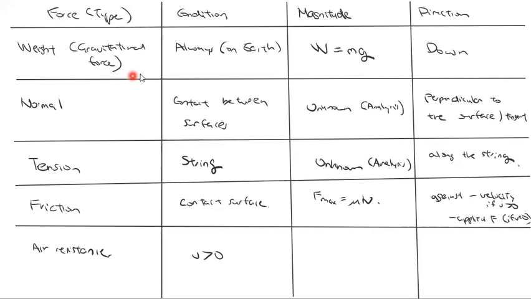The magnitude will be given if they want you to calculate it. Otherwise, they won't ask you to calculate it. And the direction, again, will be against the direction of motion. So these ones down here, we'll talk about more in the coming weeks. I don't want to throw all of them at you right now, but I've given you a brief outline here.